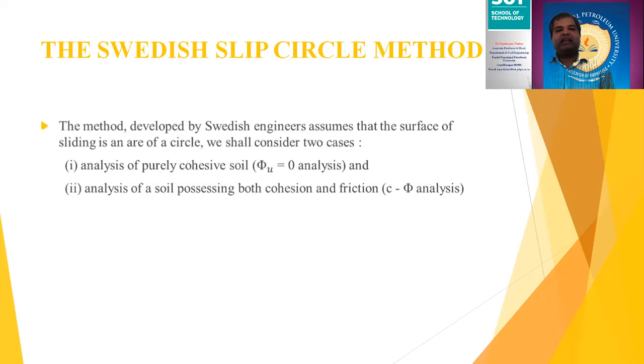First is the analysis of finite slope in pure cohesive soil. So in this, I am considering the value of phi equal to 0. And in the second analysis, I will consider the analysis of finite slope possessing both cohesion and friction. It means I am going to consider the c-phi analysis, which will be applicable for all the types of soils.